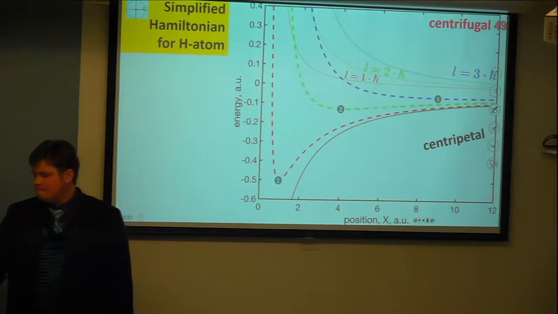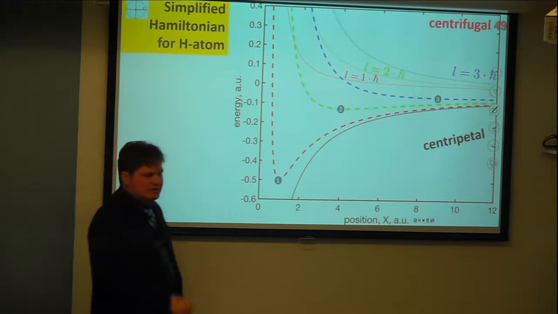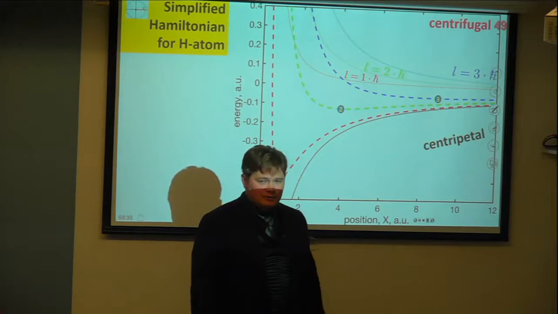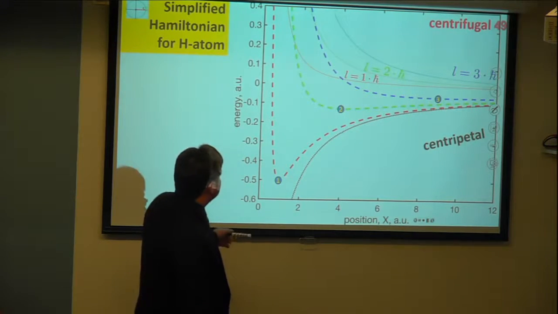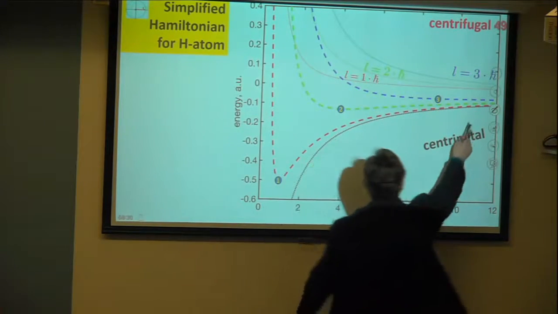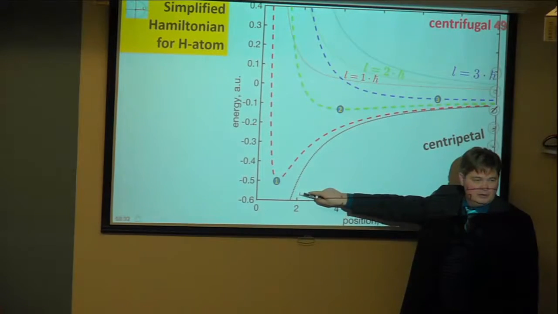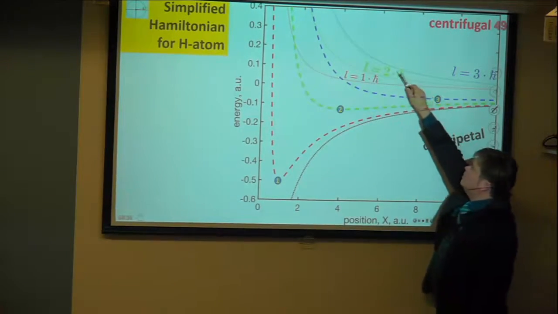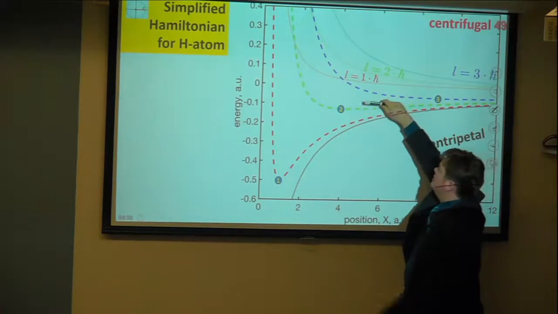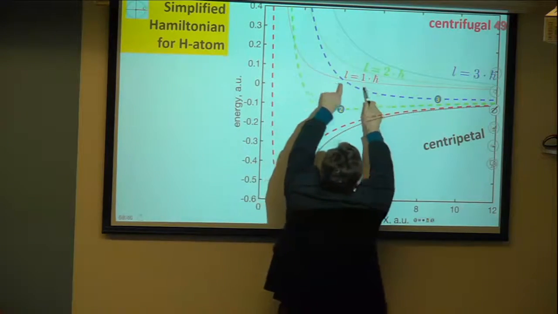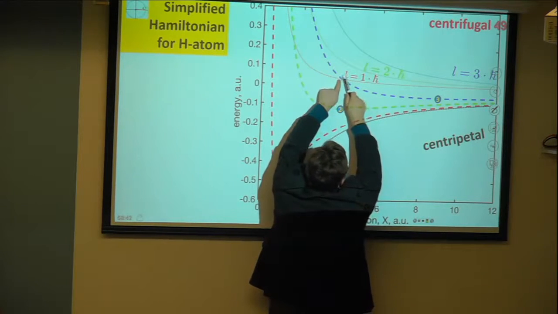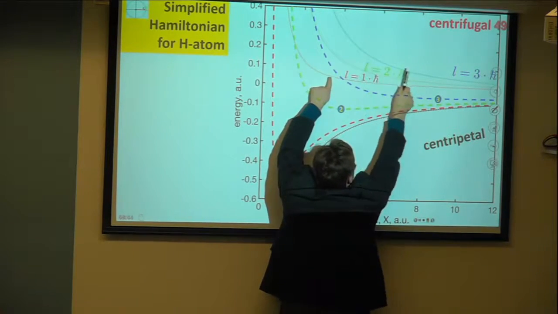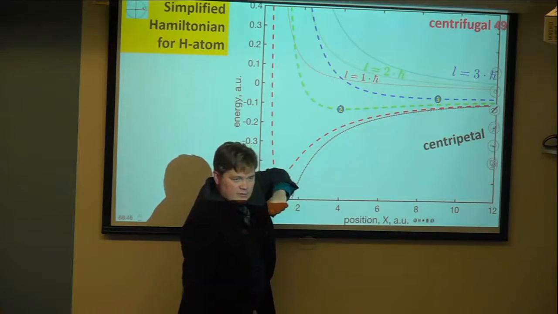Okay. I will take a couple of minutes from your time, but we are close to completion. So, centripetal is negative, Coulomb. The centrifugal is repulsive. And depending on the amount of angular momentum, it will be stronger and stronger, right?